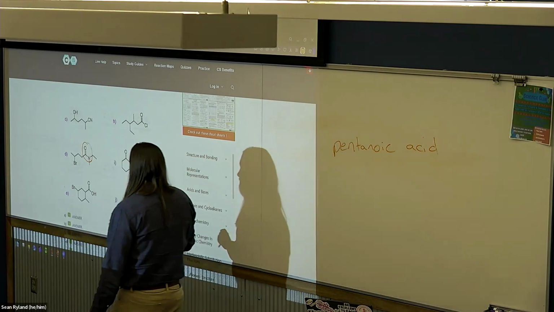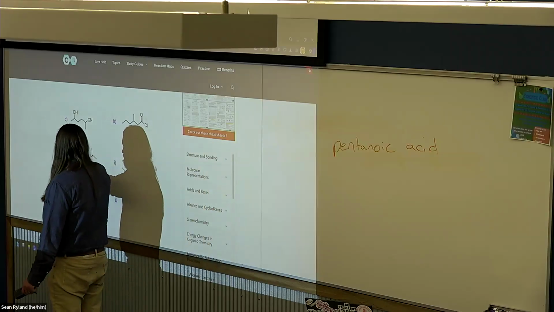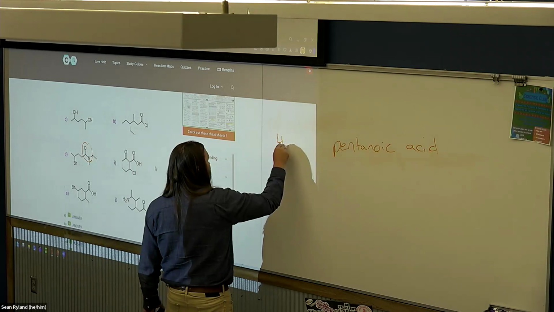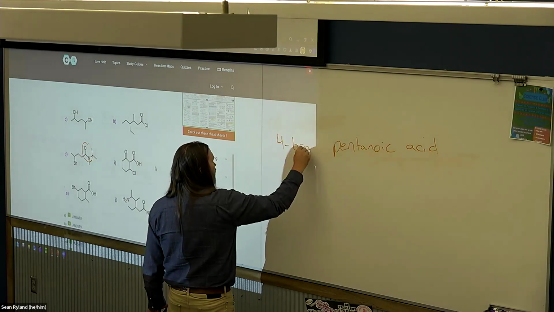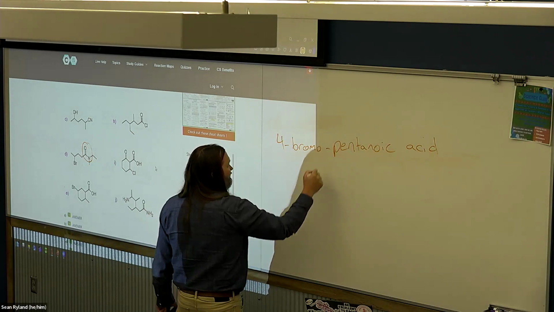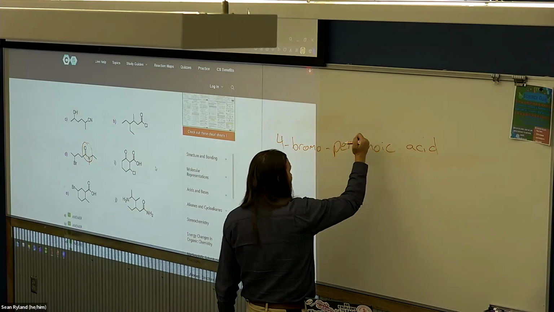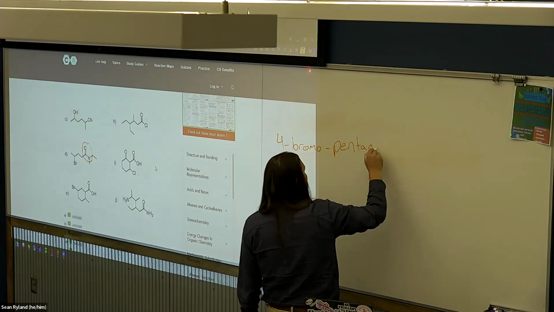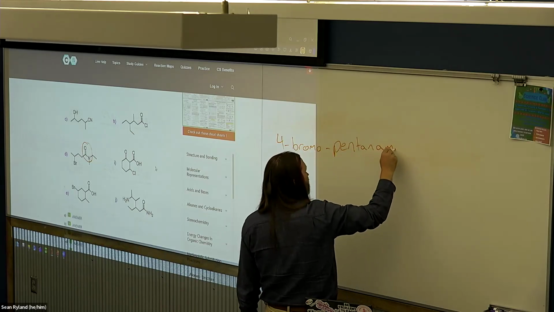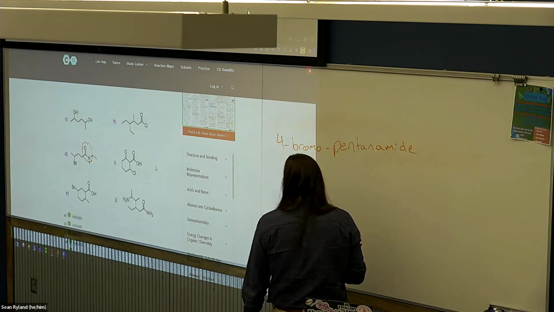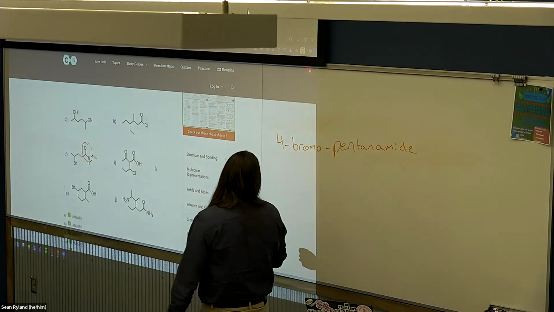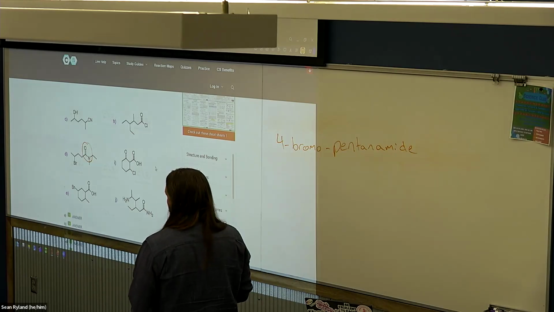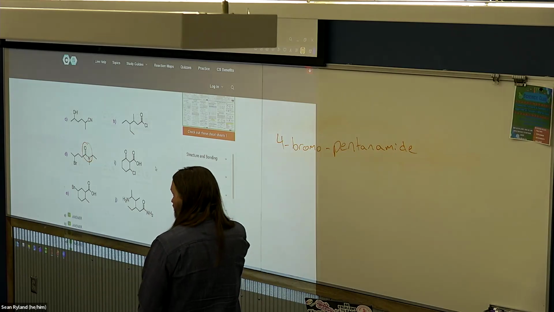And we just have a bromine on carbon 4, right? 4-bromo. Except it's not pentanoic acid. We drop the oic acid and just say amide. So bromopentanamide. If you said pentanamide, nobody would blink twice.